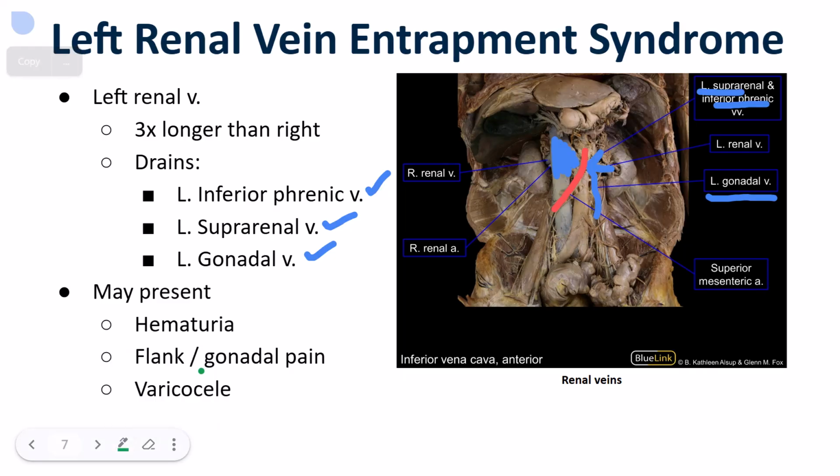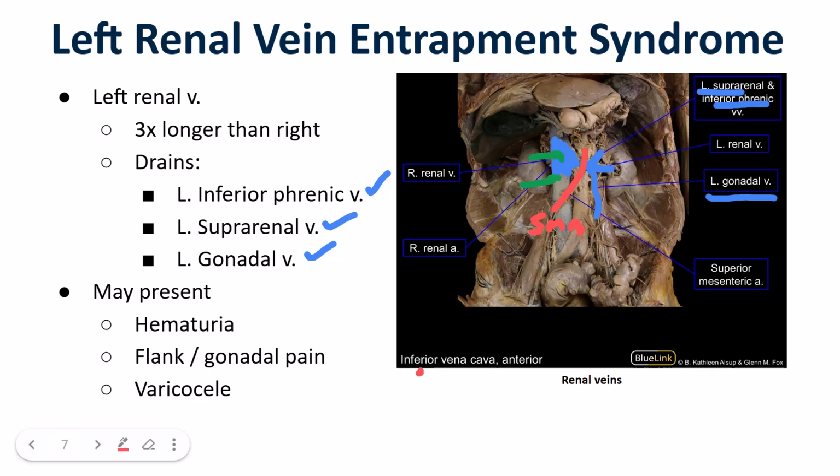Whereas on the right side, all of those branches drain directly into the IVC. Now, here's where things get interesting. There is something called left renal vein entrapment syndrome, and I'm going to draw this in profile. So let's think about the relationship of the SMA to the left renal vein and the abdominal aorta.